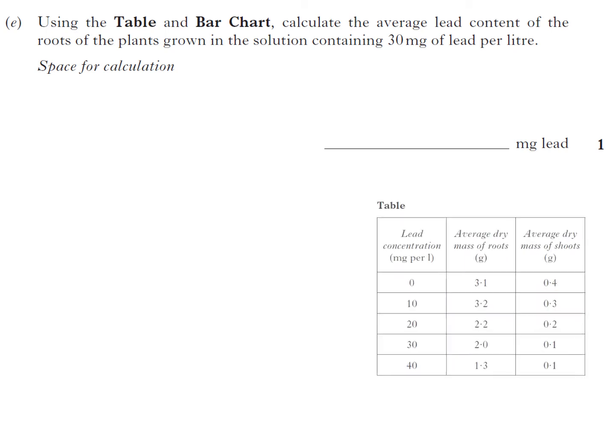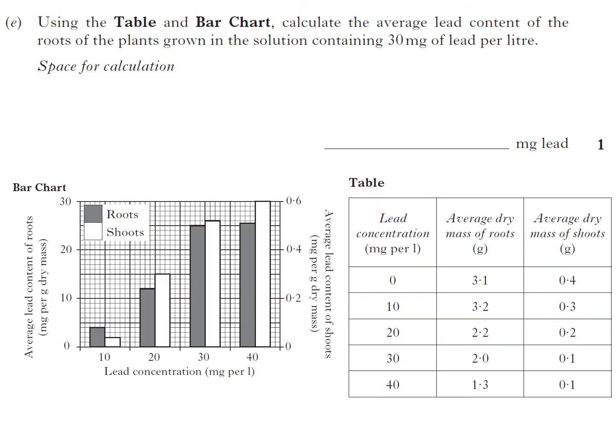Use the table and the bar chart, calculate the average lead content of the roots of the plant shown in the solution containing 30 mg of lead. So here's our 30. Average dry mass of the roots was 2 grams. Okay. Here's our 30. The average lead content.